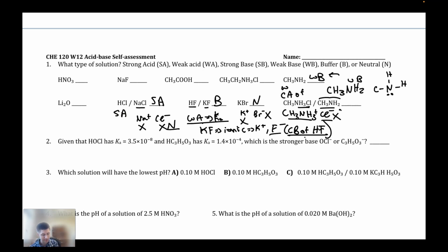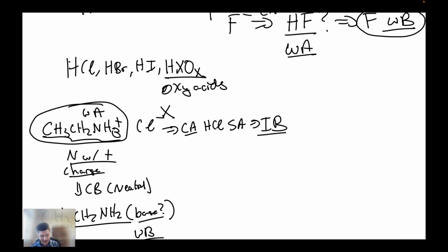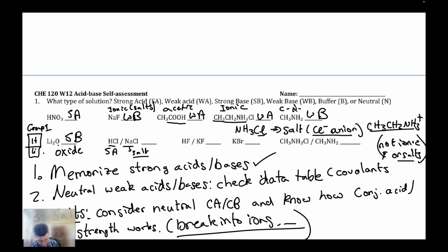That's a weak acid. And this is another case where we have a conjugate acid and its partner conjugate base that are a weak acid-base conjugate pair present in solution. So this is another buffer. I'll add those back here to finish out the key. Strong acid, buffer, neutral, buffer.